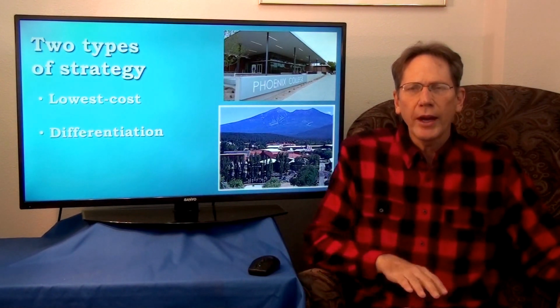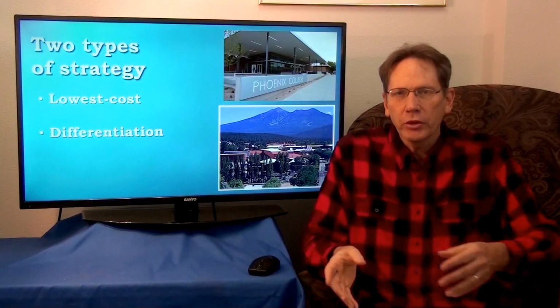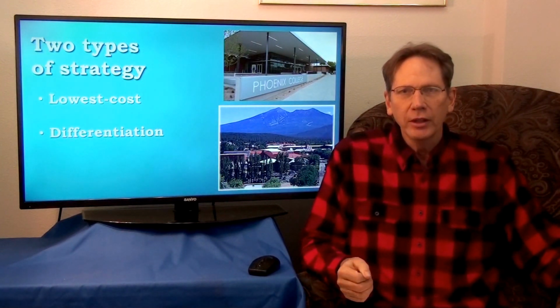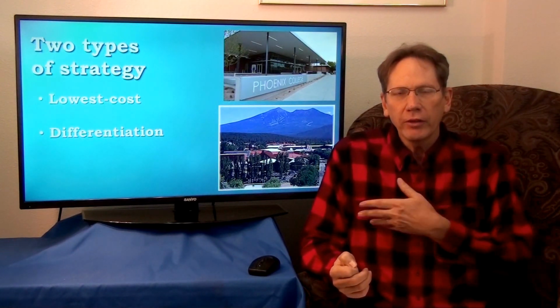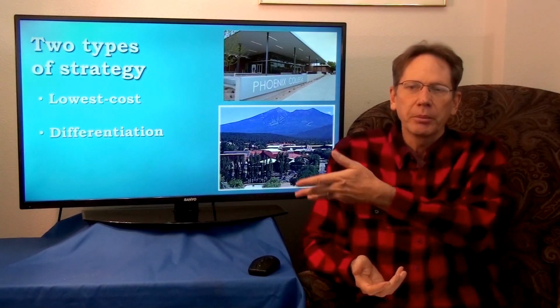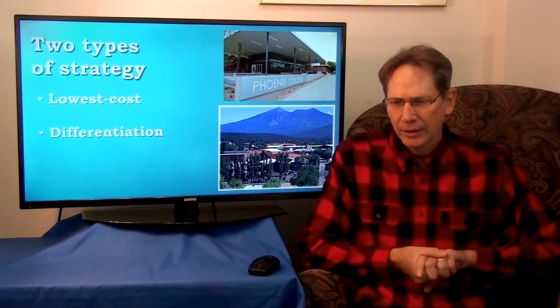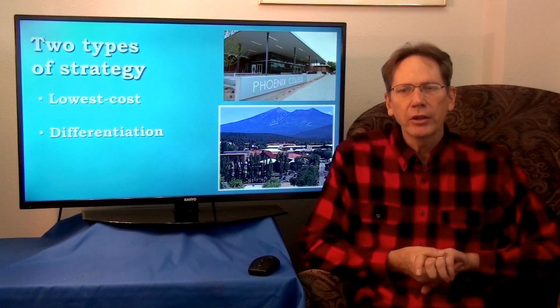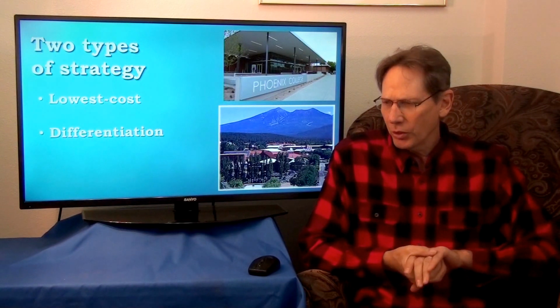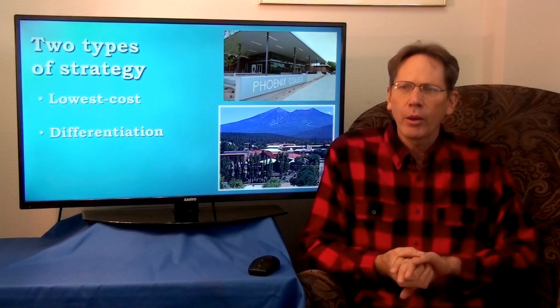Okay, there are two types of strategies that you can use. One is a lowest cost approach to a business: we have the cheapest prices on products, and therefore we're going to be able to sell those. I've got here pictures of Phoenix College, where I attended back in the 1990s for a couple of years, and tuition was $25, maybe $28 per credit hour.